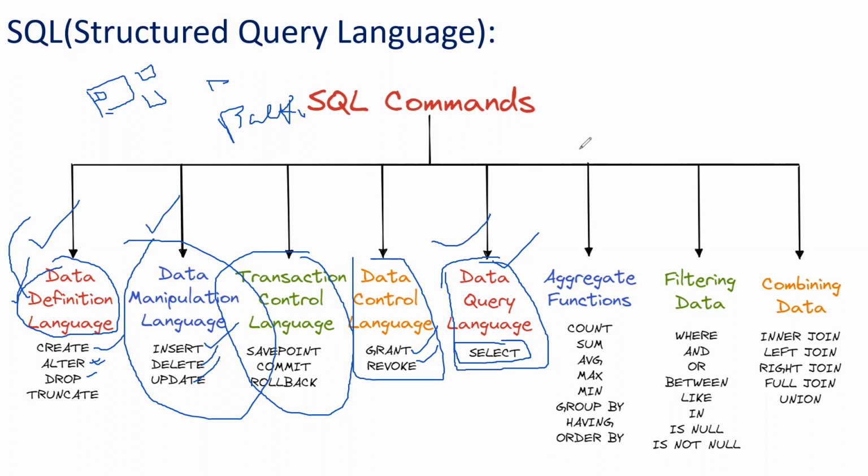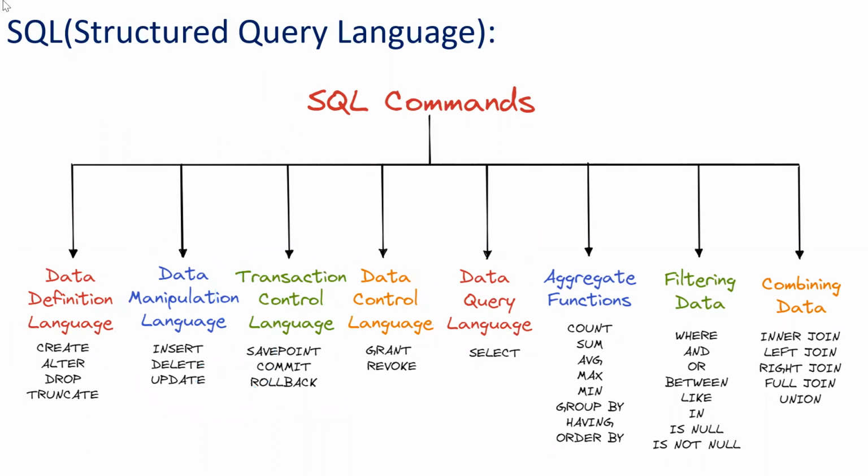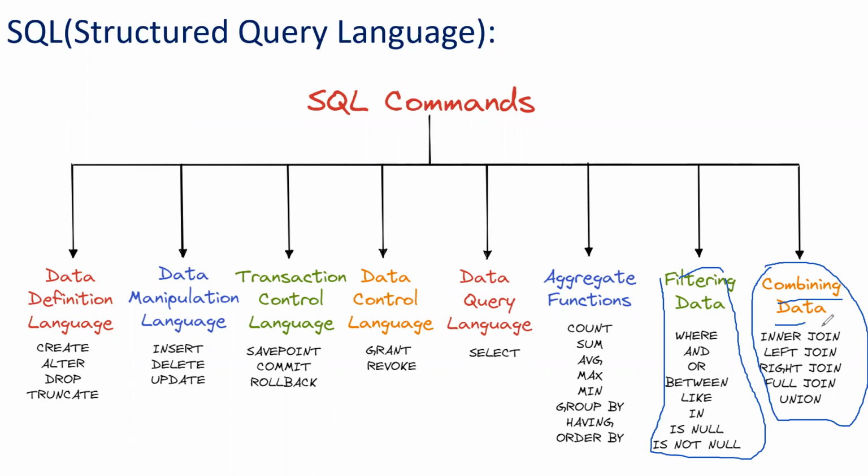And aggregate functions, if you want to count the number of observations or number of things, meaning tuples, all those things, we can use count, and based upon conditions we can filter the data. And if you want to join the data from different databases, we can use the combine data commands, the keywords.